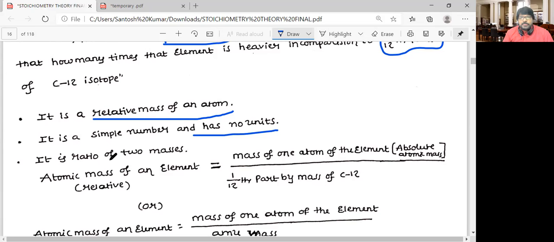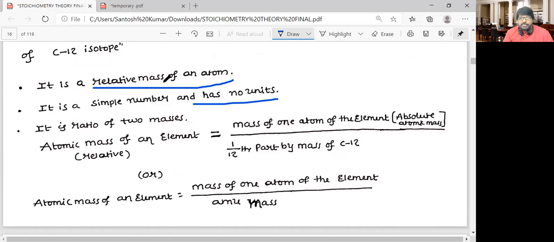And what is this relative mass of an atom? It is the absolute mass of an atom divided by 1/12th part of C12 isotope. The mass of an atom of the element, the actual mass, divided by 1/12th part of C12 isotope, which is nothing but AMU mass. Already told you, 1/12th part of C12 isotope is AMU mass.